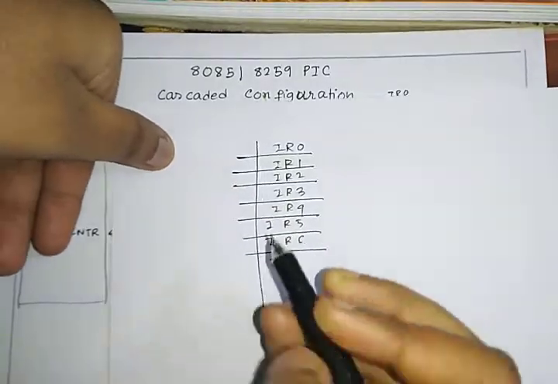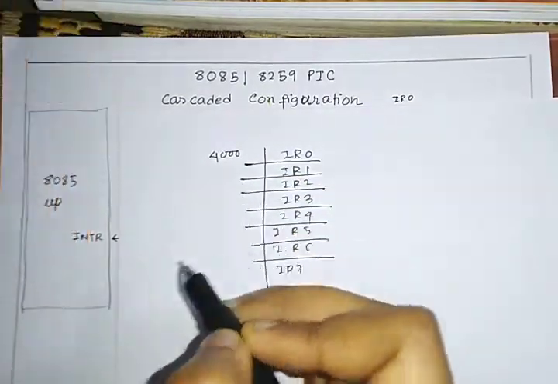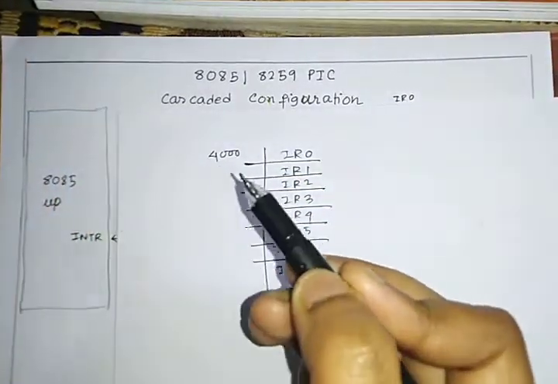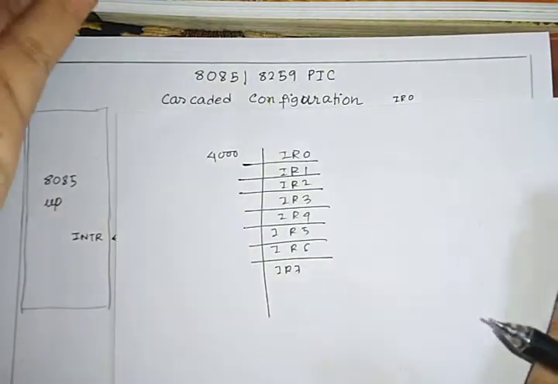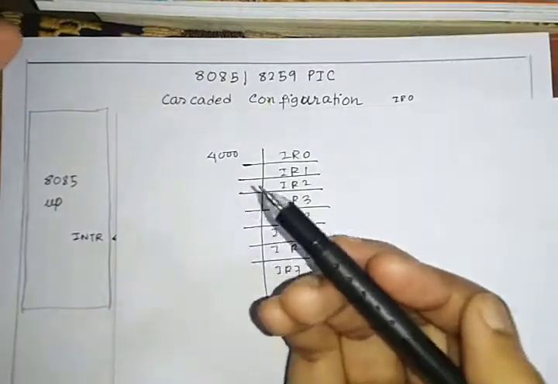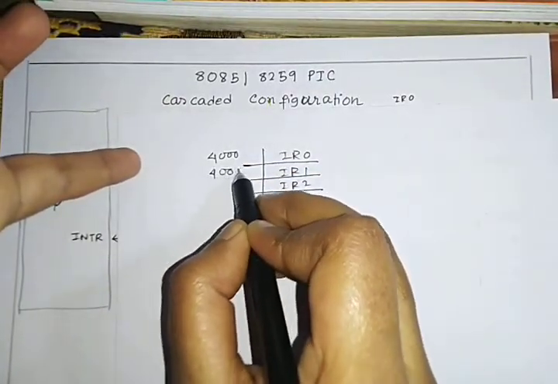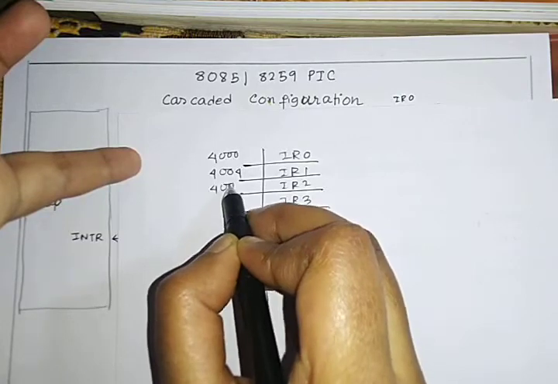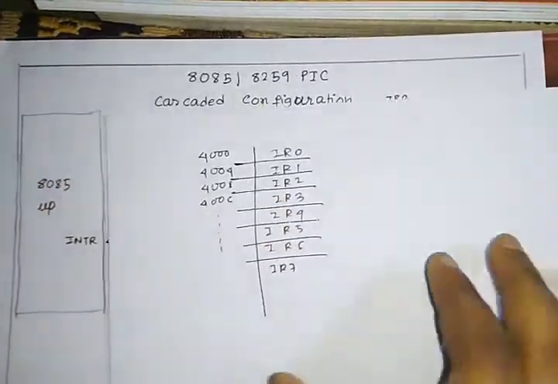I hope you remember we initialize only one address and then we initialize the interval, and the interval depends upon you. You can make it 4, 8, 12, whatever you want. So suppose I have taken 4 here, so all the respective addresses will be 4004, 4008, 400C and so on, right?